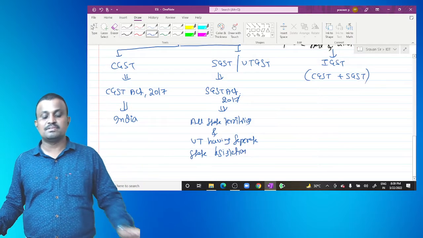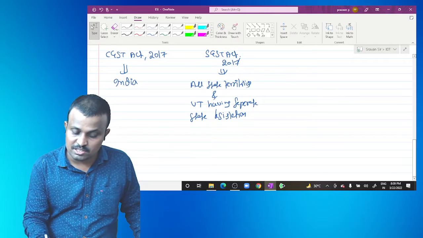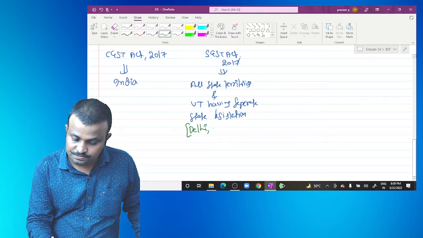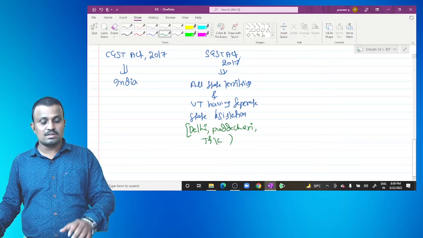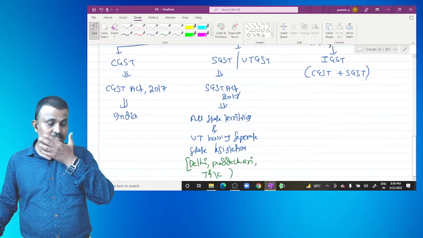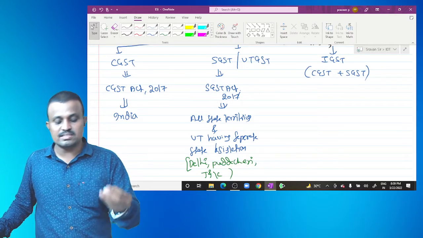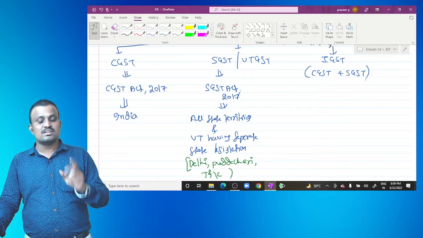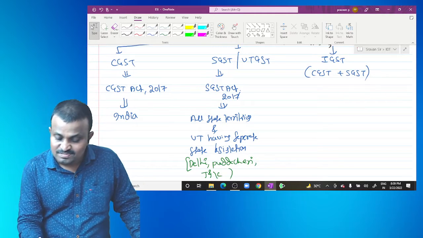Generally, there are three union territories having separate state legislation: Delhi, Puducherry, and Jammu and Kashmir. So the SGST Act 2017 applies to all state territories, including union territories having separate state legislation.